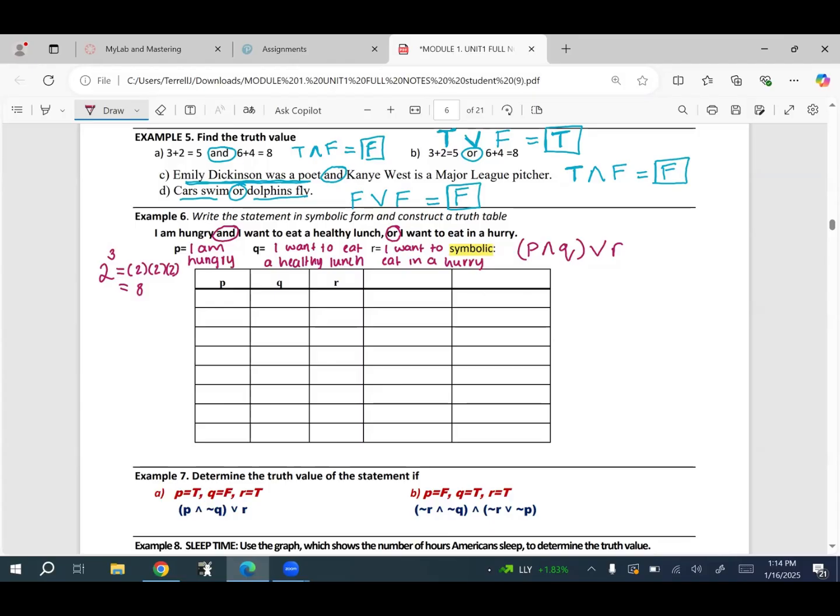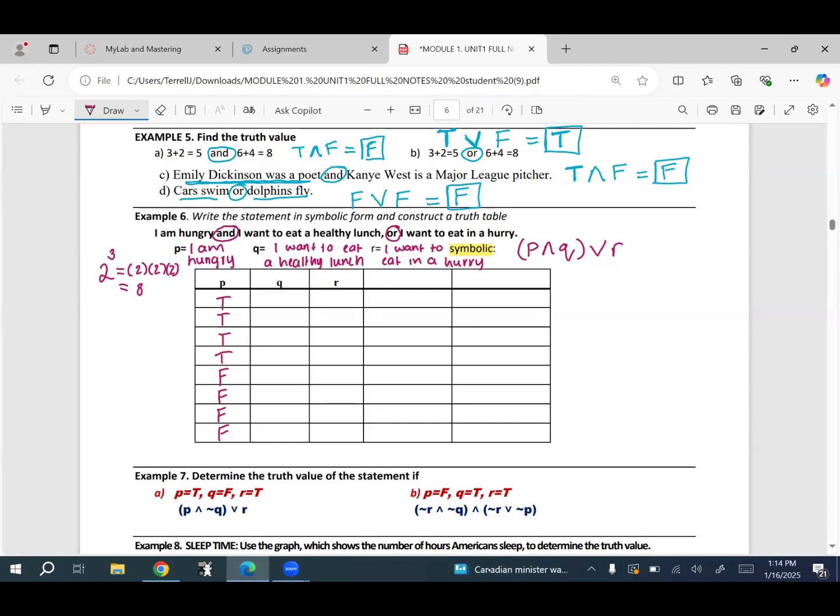And then remember, there was a shortcut I showed you guys for how to figure out all the possibilities without doing it by hand, taking time to do it. What I did with P is I did the first half true and the last half false. So because I have 8 now, the first 4 would be true, and the last 4 would be false. That's your first step. And then remember, when I only had P and Q, what I would do is alternate true, false, right?